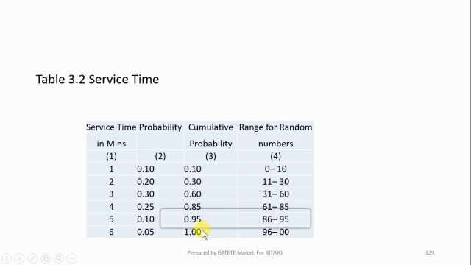The last one will be 96, the next after 95, until 100. So this is the range of the service time probabilities.